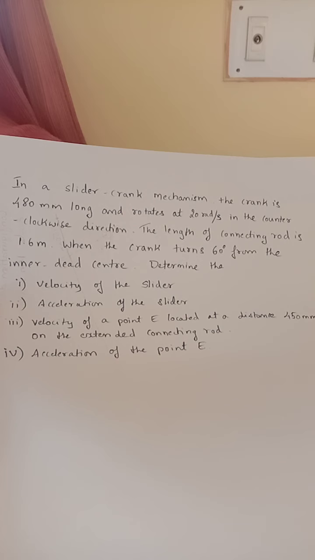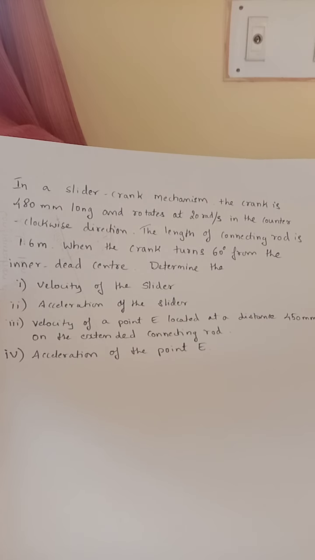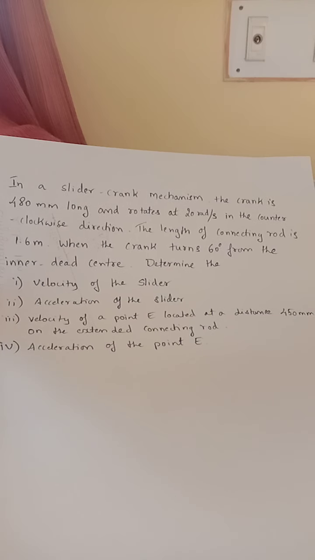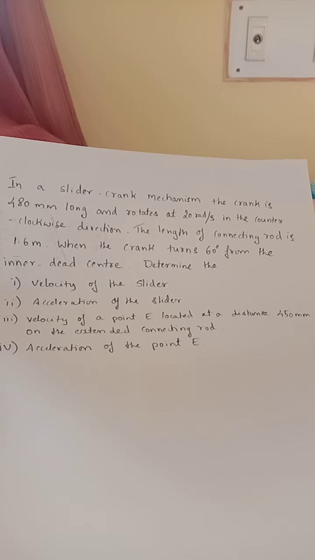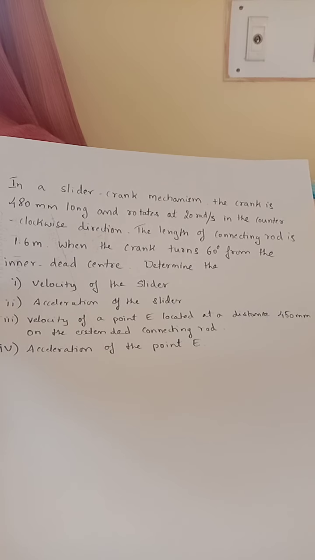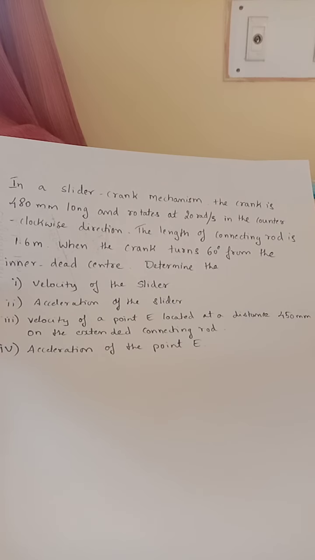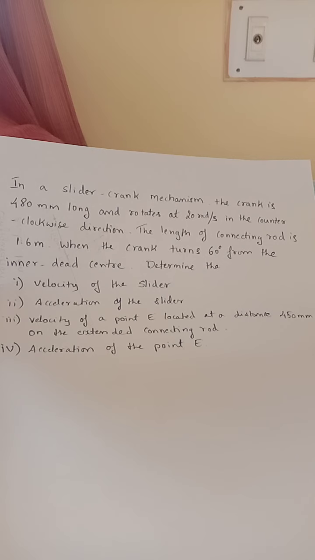So we have to determine the velocity of the slider, the acceleration of the slider, and velocity of a point E located at a distance 450 mm on the extended connecting rod, and acceleration of the point E.